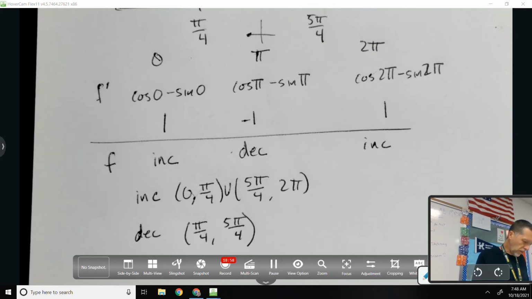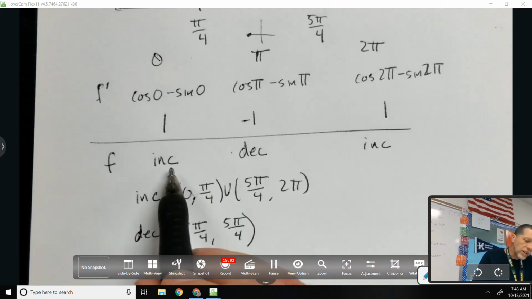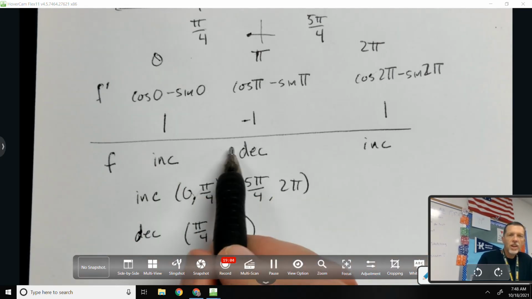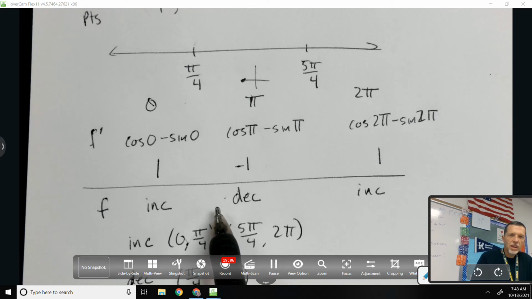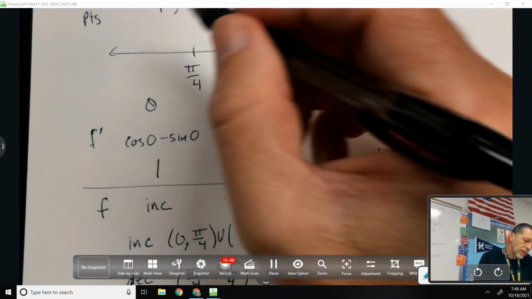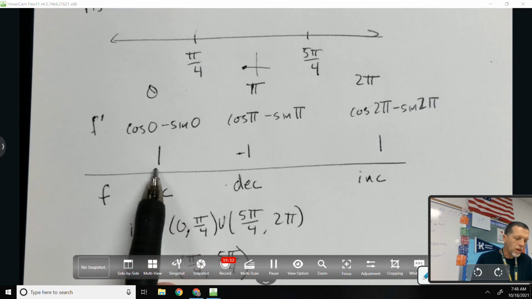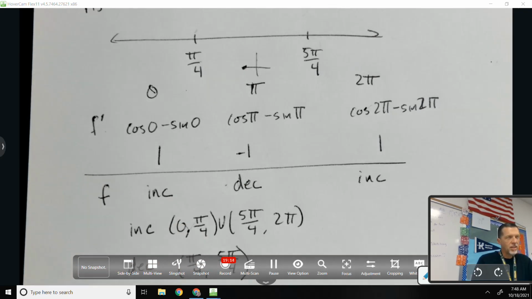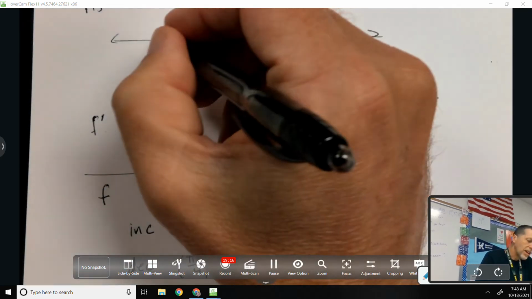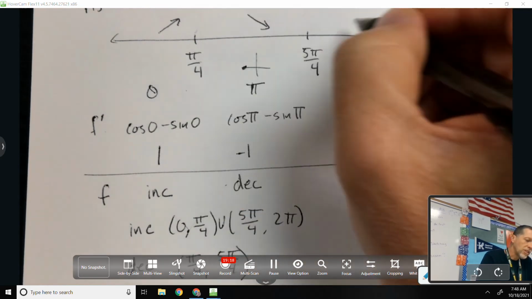Apply the first derivative test to identify all relative extrema. Well, increasing to decreasing, what's happening at pi over 4? If f prime changes from positive to negative, a relative max. Again, I didn't draw the arrows that time, maybe I should have.